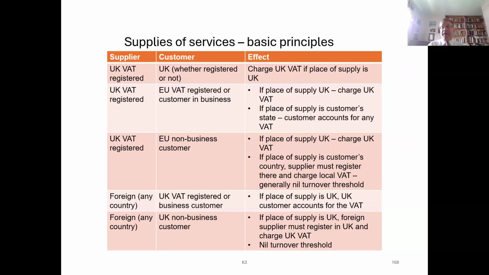If the place of supply is the customer's state, the customer accounts for any VAT, but the supply would normally be zero rated on that basis. For a UK VAT registered supplier with an EU non-business customer, if the place of supply is the UK, charge UK VAT. If the place of supply is the customer's country, the supplier must register there and charge local VAT, generally with quite often a nil turnover threshold. So when you make exports, you have to register for VAT.